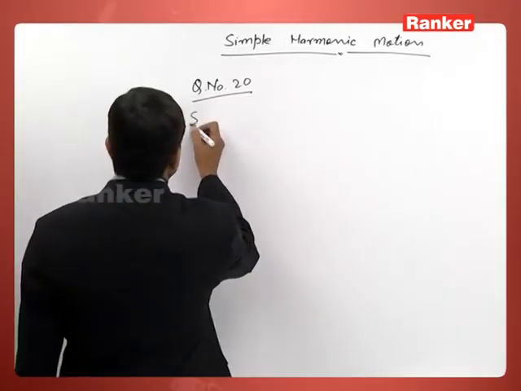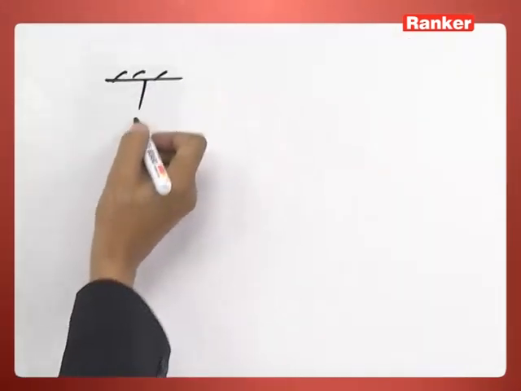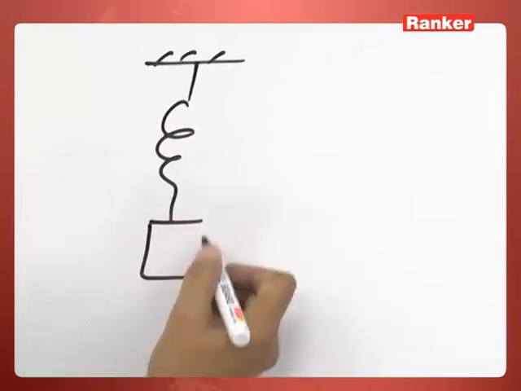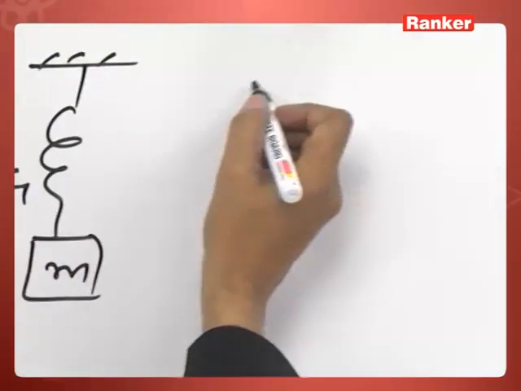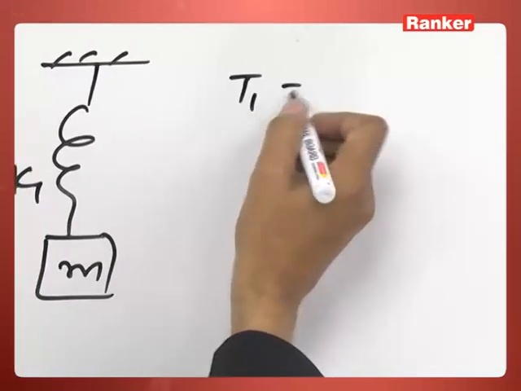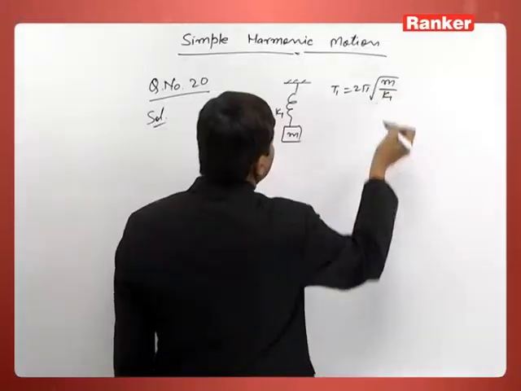See, in the first case they are saying when the mass is suspended from a spring of force constant K1, then T1 is 2 pi root over m by K1.